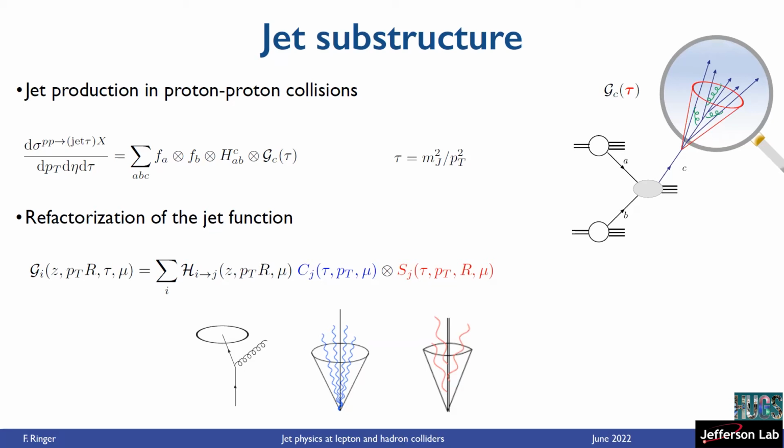We write down again this jet function, but as opposed to evaluating it just at fixed order, we now have to refactorize it. That's the same idea as we had here. If I have a factorization, that means there are different energy scales associated with it, and I can resum those by writing down the factorization and solving the associated renormalization group equations. I can do that in this case. I have a hard function, a collinear function, and a soft function.